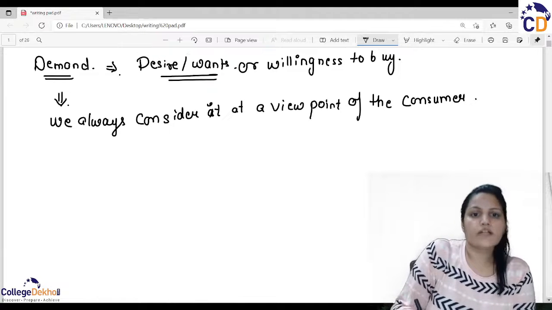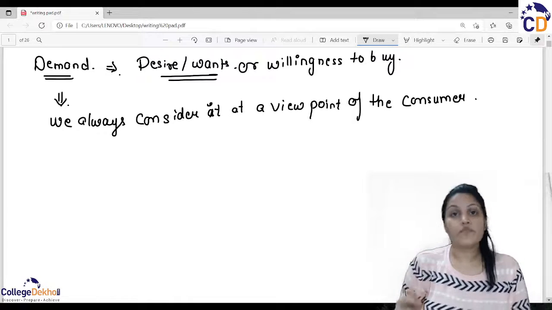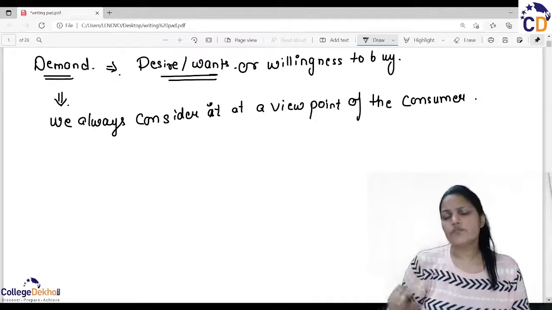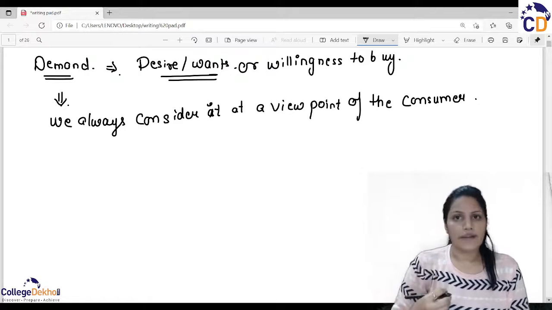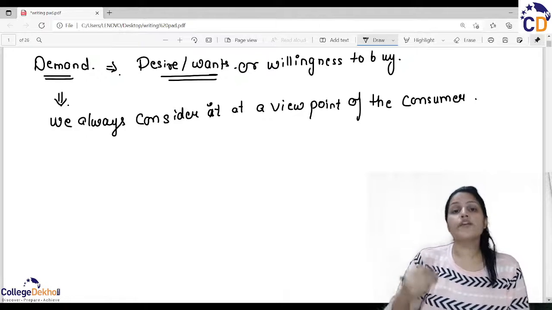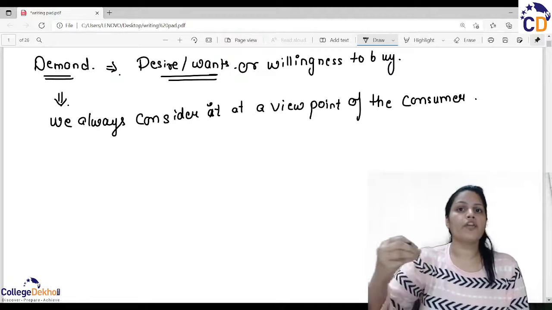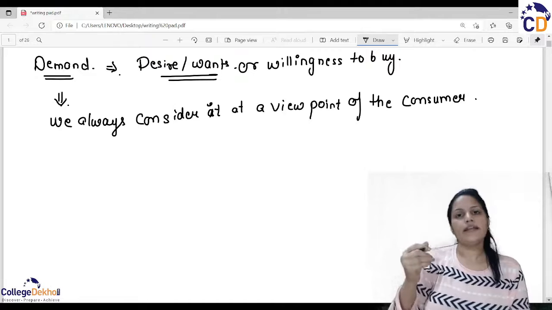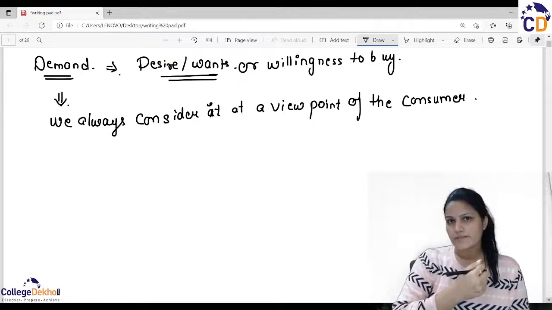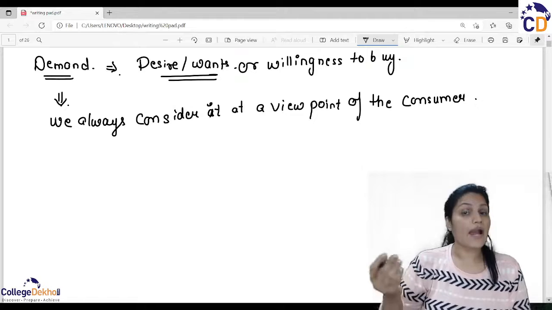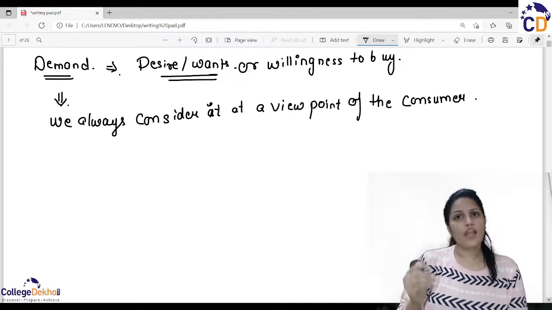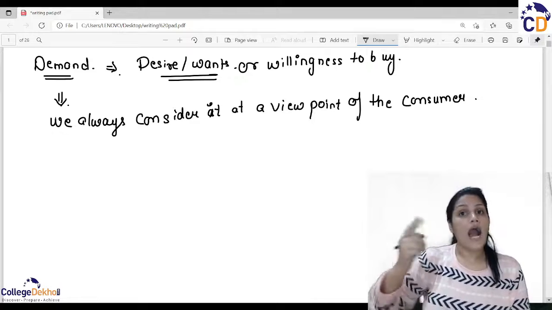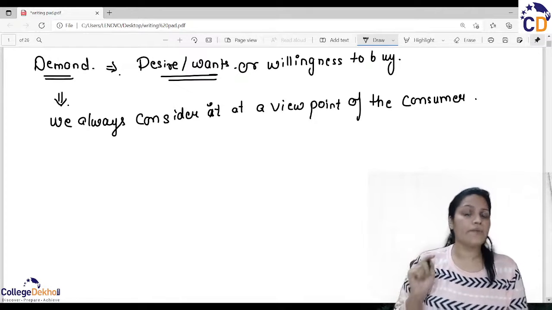To be very frank with you guys, as buyers we are never going to pay more for any item. We want to pay less price and demand more items, and vice versa. That is, when we are ready to pay high, we demand fewer items.